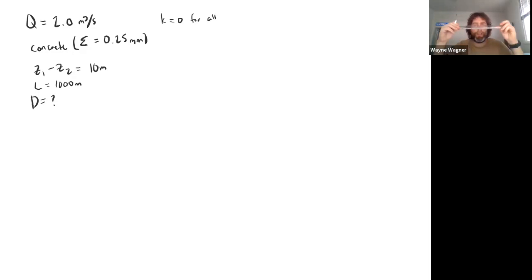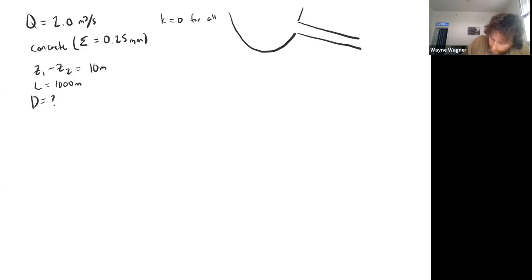I'll read it again so it all makes sense. Water is to flow at a rate of 2 cms through a rough concrete pipe that connects two lakes. Determine the diameter of pipe needed if the elevation difference between the water surfaces is 10 meters and the pipe length is 1,000 meters. I'll draw a quick picture of that. We've got a lake here, then a pipe, and then a lake here.